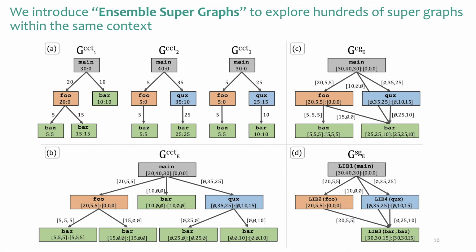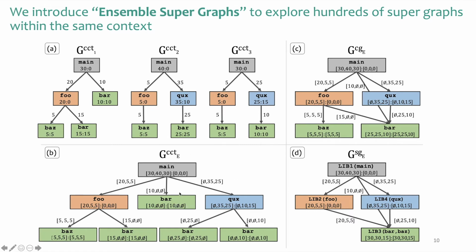The corresponding metrics are aggregated and stored as individual vectors. The unification enforces graph equivalence by assigning a null value to the missing nodes in any CCT. For example, the bar call site is actually missing in the second and the third CCT, so they have been assigned a value of null.